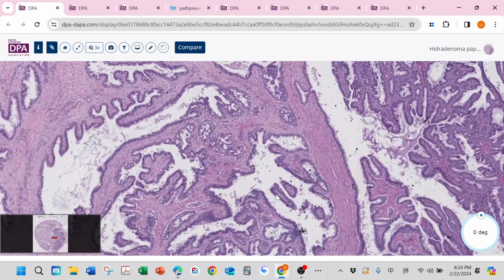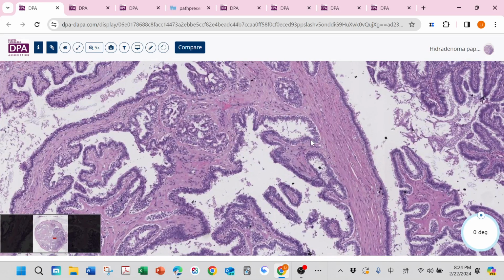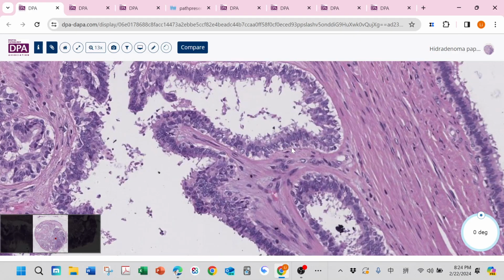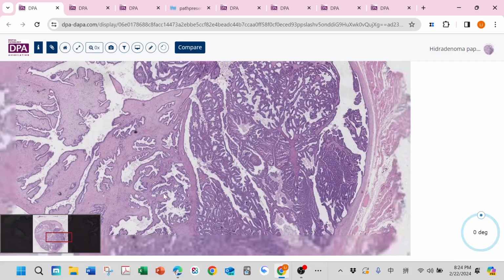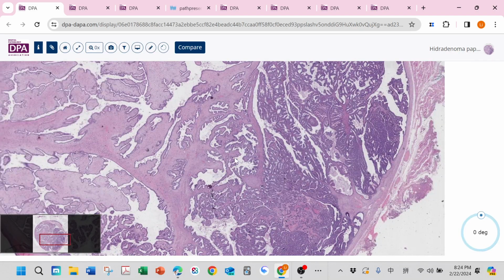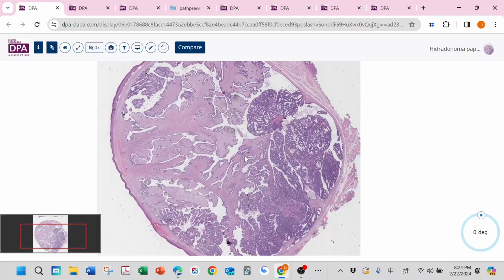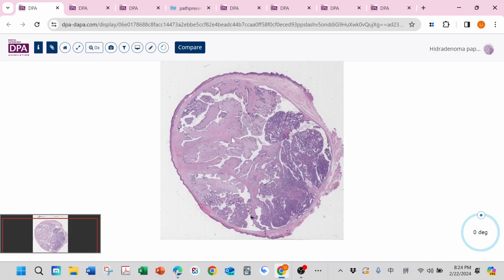When you see this duct, they will look like a two-cell layer, epithelial cell and myoepithelial cell. No dramatic atypia. Well demarcated nodule in the dermis. That is Hidradenoma Papilliferum. Of course, the vulva genital location is really helpful.